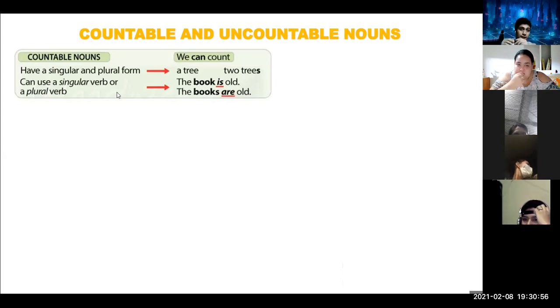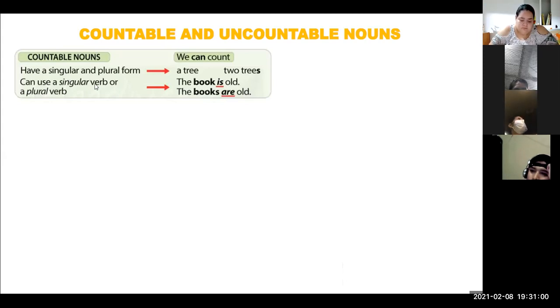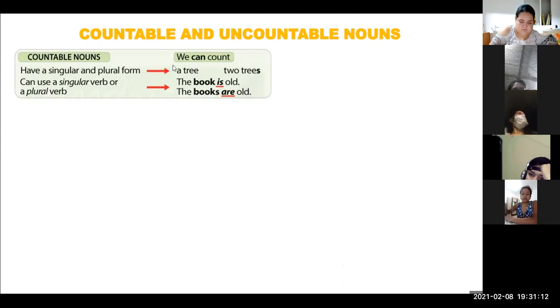The difference is that in countable nouns, we have a singular form and a plural form. For example, we can say a tree and we can say 2 trees, 3 trees. We can count, we can have singular and plural. This is one of the differences.